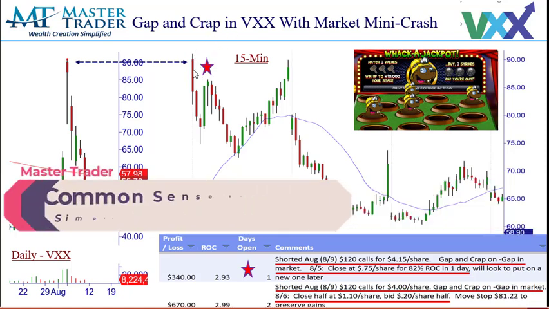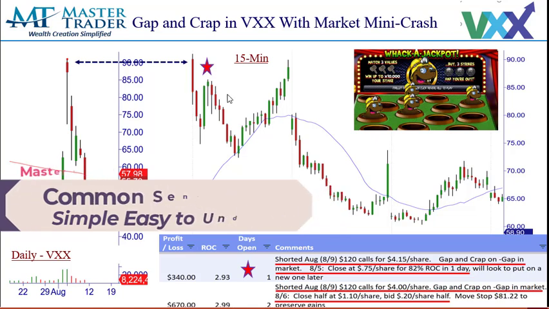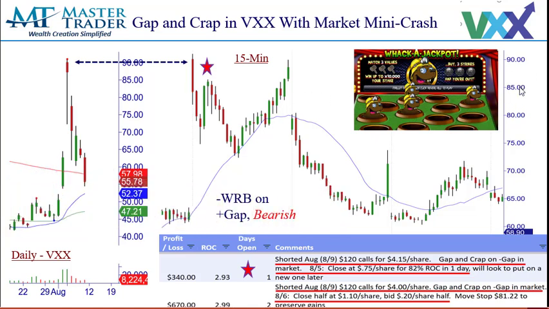So right here, when this thing started falling, we shorted the out of the money 120 calls. Folks, let's just use round numbers. So let's just say it was at $85 when I sent this to subscribers via Telegram. The 120 calls are $35 higher.